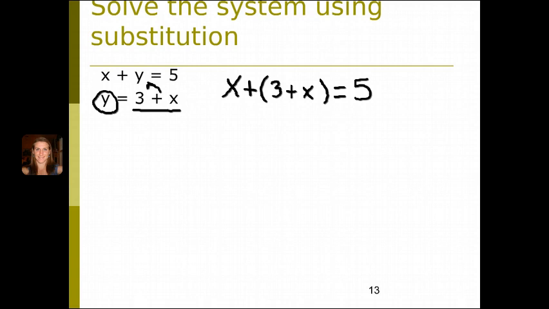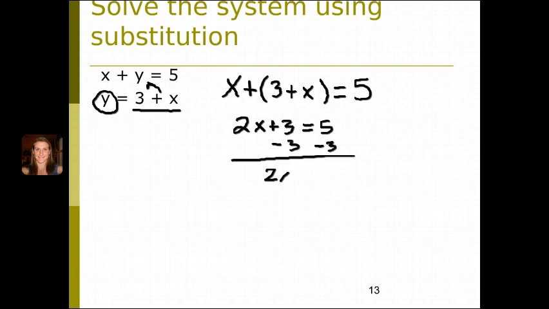There's nothing in front of the parentheses to distribute, so what we're going to do is combine like terms. x plus x gives us 2x plus 3 equals 5. Then from here you're going to subtract 3 from both sides, and you get 2x equals 2.